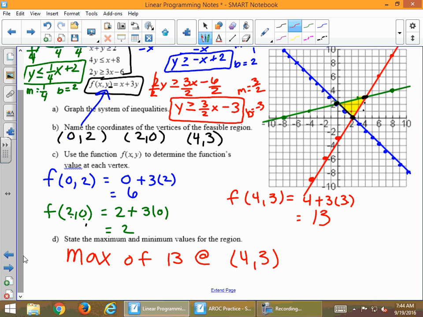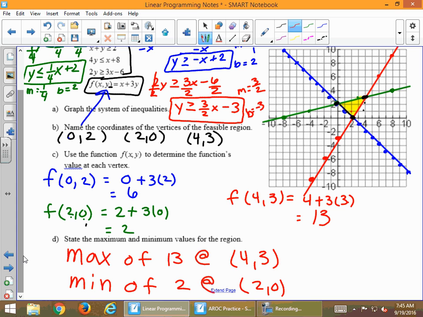Yeah, the point 2, 0. So we would say there's a min of, what was the number they gave us? 2. So there's a min of 2 at the point 2, 0. So our maximum value is 13 at this point, and then the minimum value of 2 at that point.